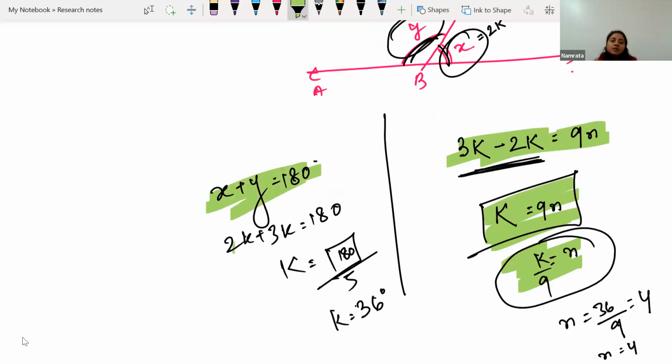When we substitute the value, we get the k value. That k value we substitute over here to get the value of n. One equation was given in the question, and one equation we created ourselves, x plus y equals 180. We are solving both equations and getting the value of n. That's it. Is it clear?